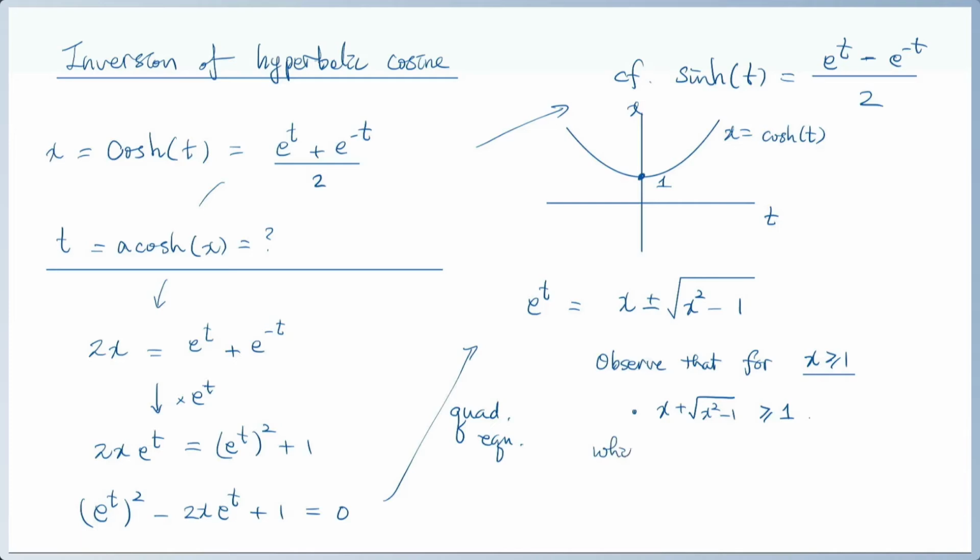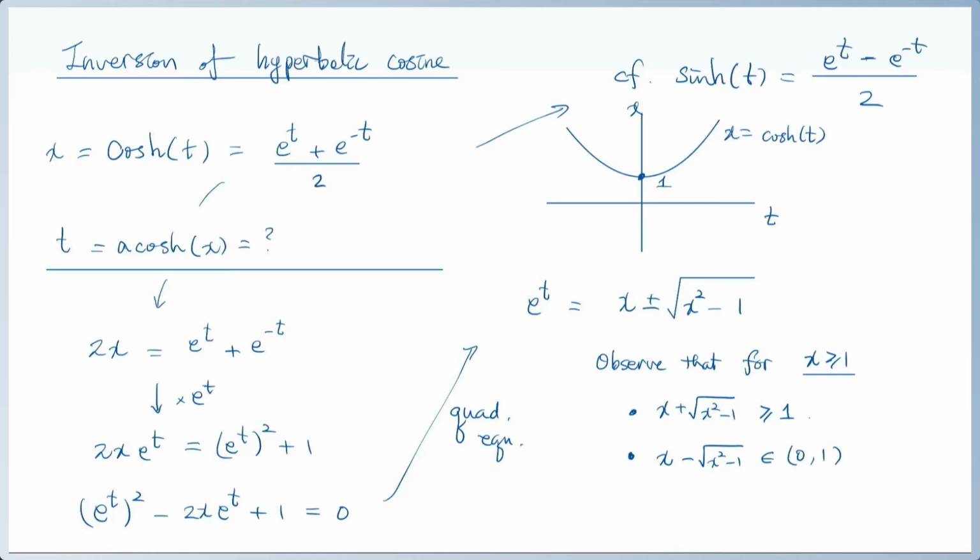While x minus root x squared minus 1 happens to be between 0 and 1.